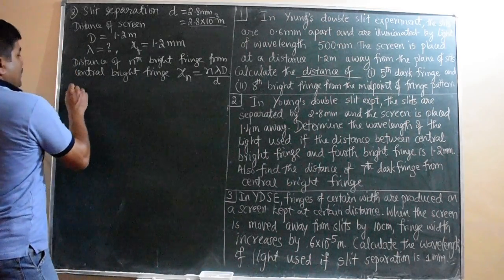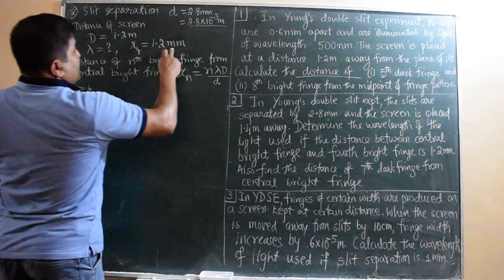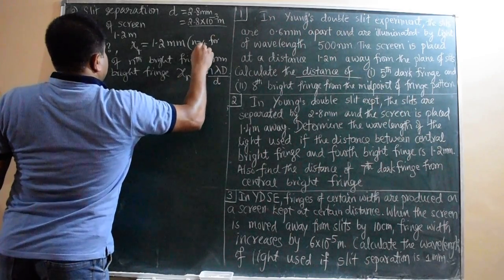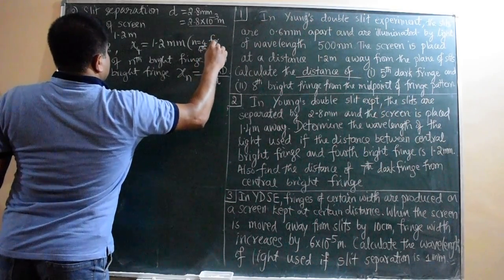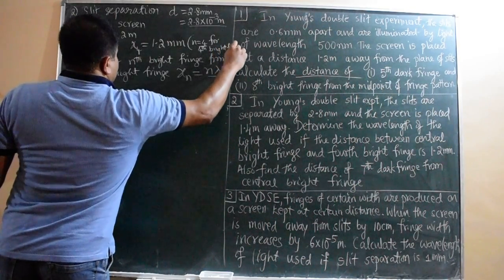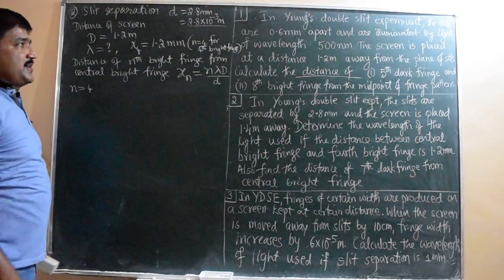Now here the n value is 4, for the fourth bright fringe. For a dark fringe you have to take the n value 1 less, as I said in the previous problem.